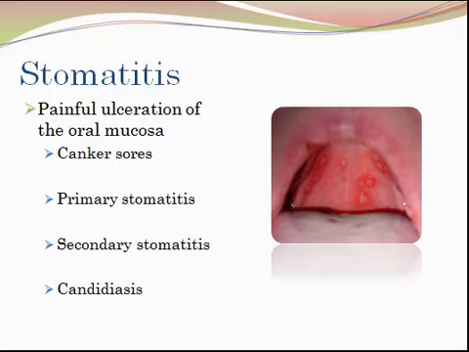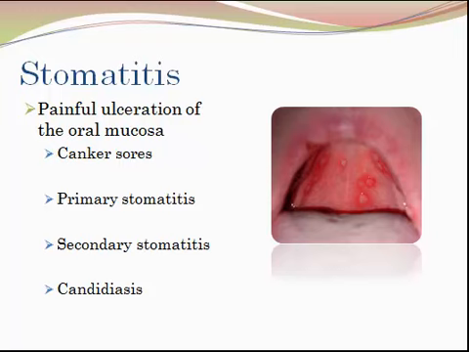Stomatitis can result from infection, allergies, vitamin deficiency, systemic disease, irritants such as tobacco and alcohol. Infections such as bacteria and viruses can have a role in the development, especially of recurrent type of stomatitis. So certain foods can trigger allergic responses that can cause especially your most common type, your aphthous ulcers or your canker sores.